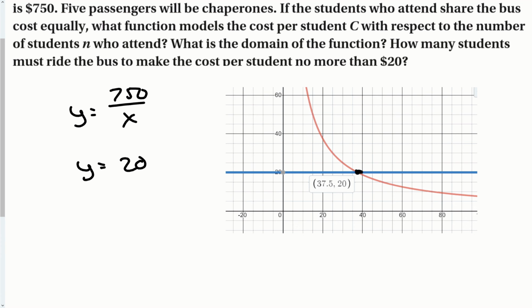You can see that as I have fewer people, it costs more. As soon as I hit this point, now the cost is below 20. And of course, there's a cutoff point because you can only have a certain number of people on the bus. But you get the idea that the more people there are to share the cost, the less it's going to cost per person.